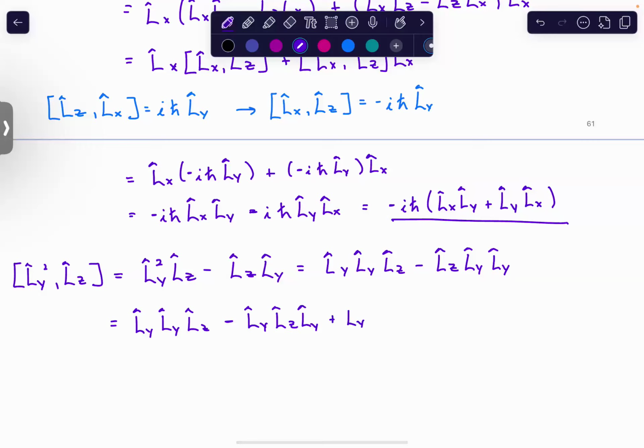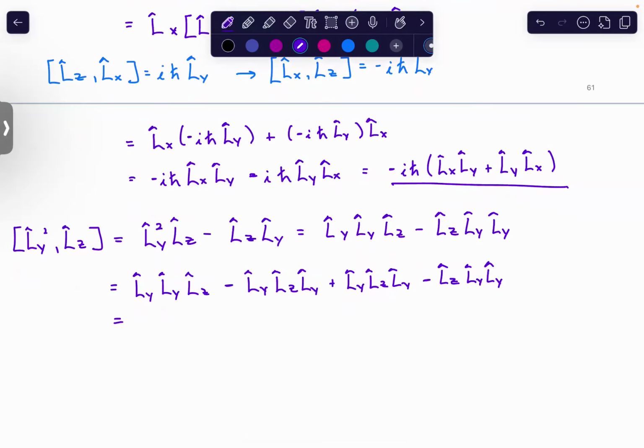And our positive one. Okay. And then we have our last term. And we do our factoring.